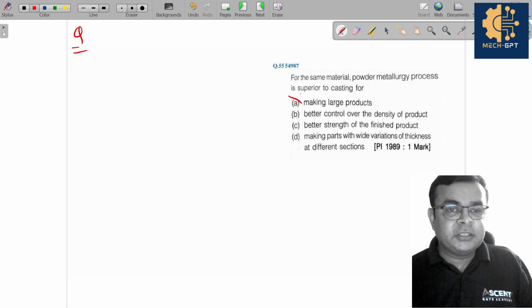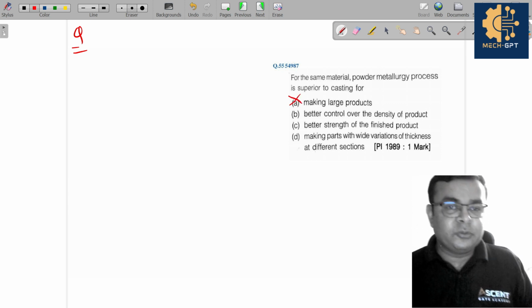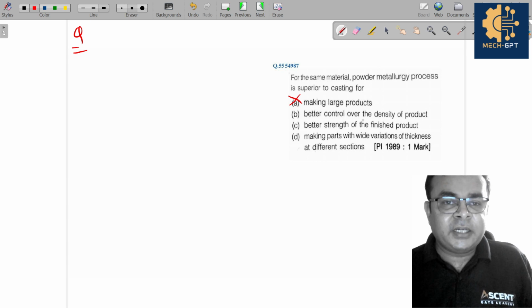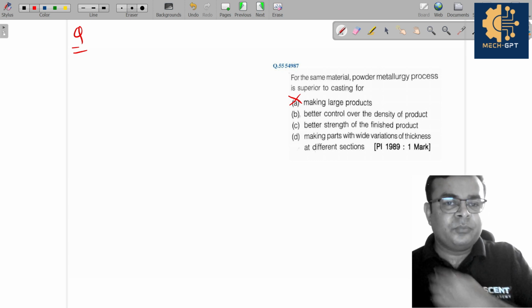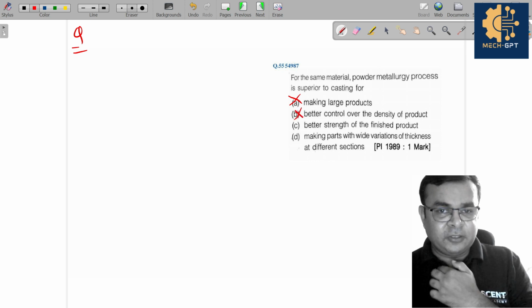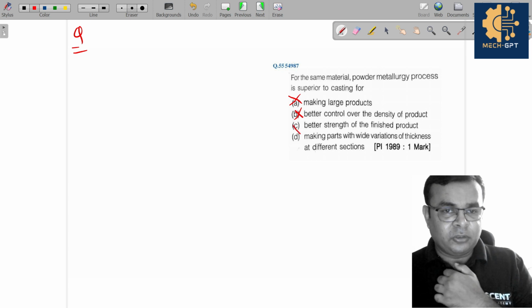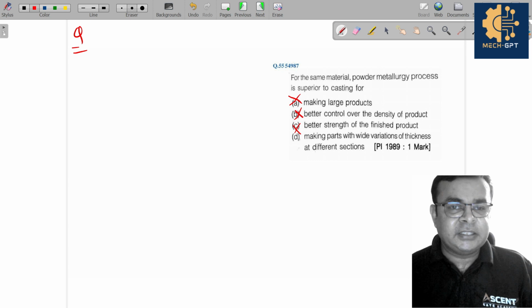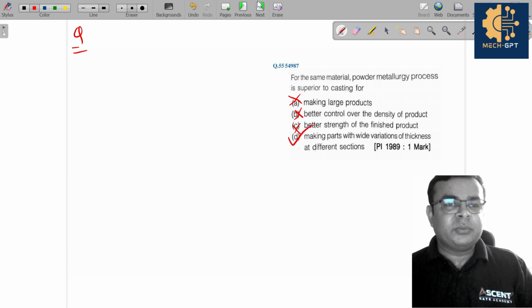Making large products is the wrong answer, because powder metallurgy is mainly used for making small size products. Better control over density, yes, this is correct. Better strength of the finished product is also not right. Making parts with wide variation of thickness at different sections, yes, this option is possible with the help of this.